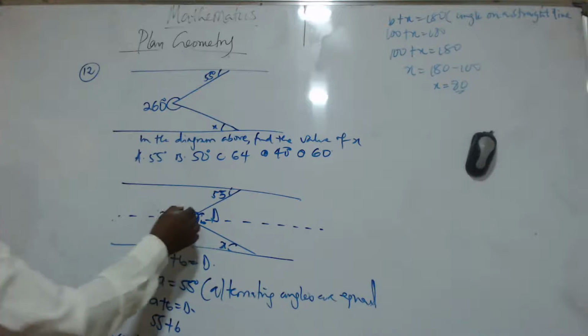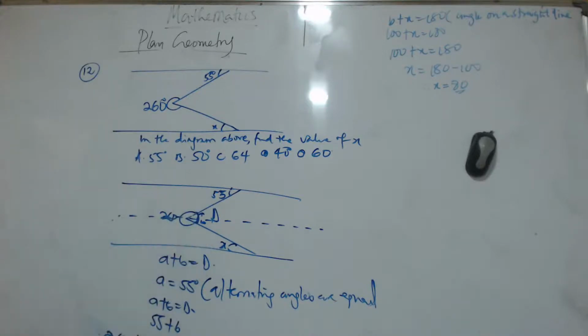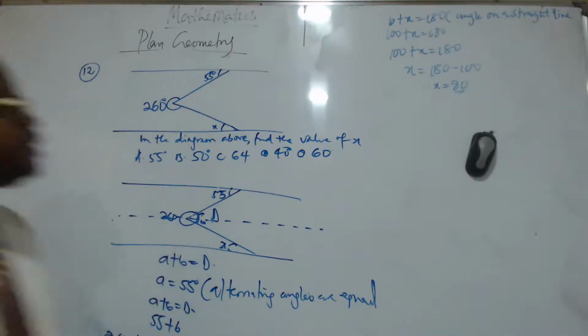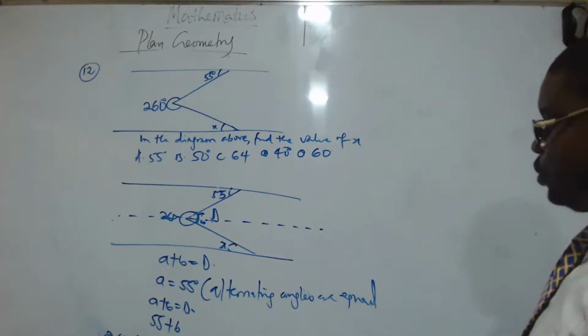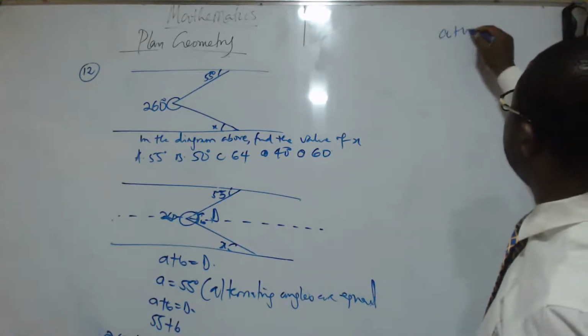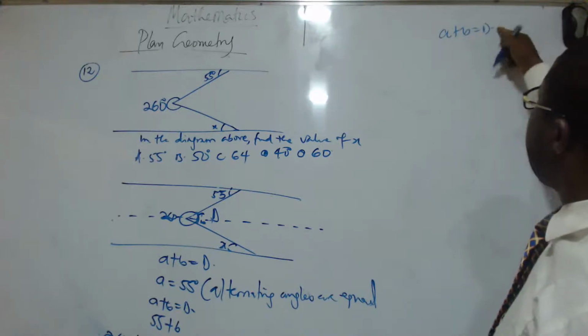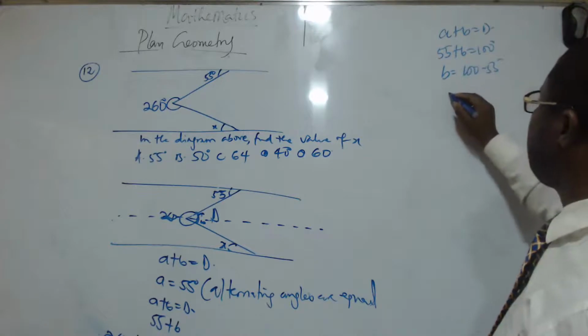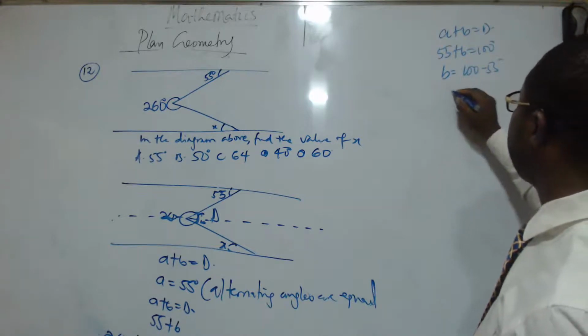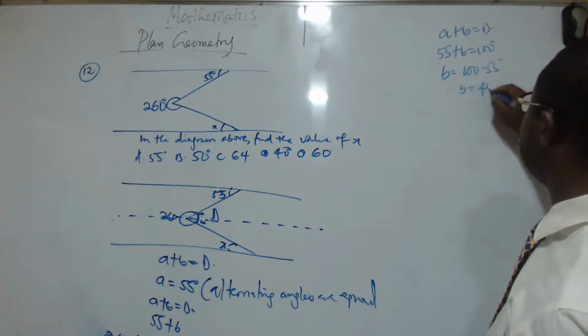So the whole of the angle will give us 360. Now if this is 5, then we can get the other angle there. We come back to this now. We said A plus B equals D. So B now equals 100 minus 55.